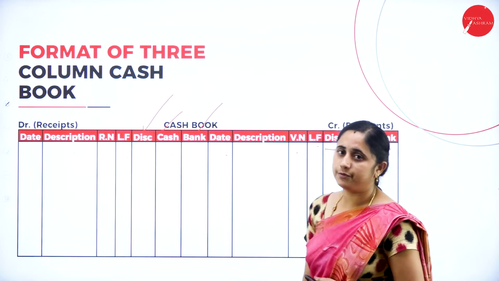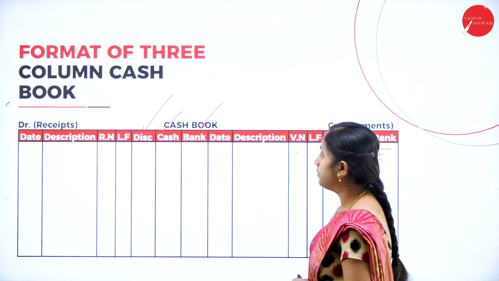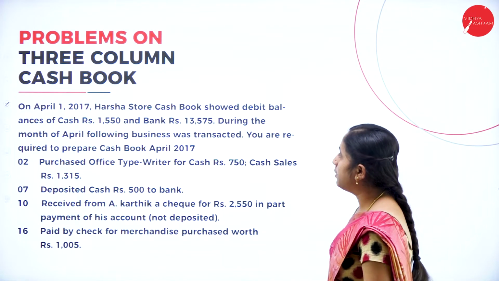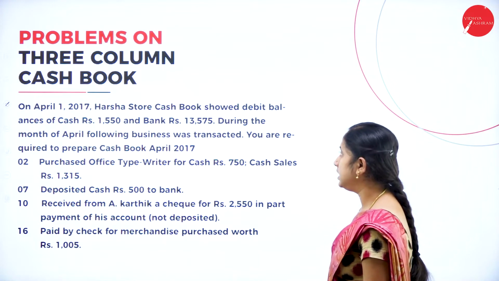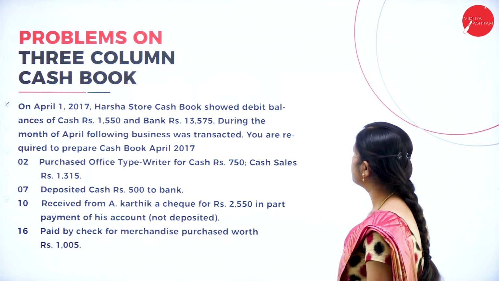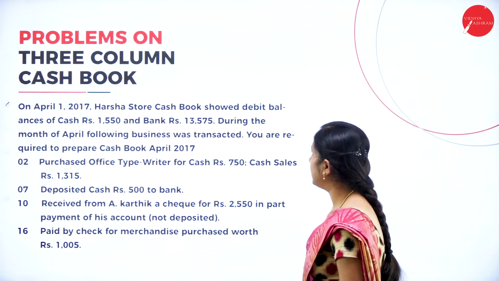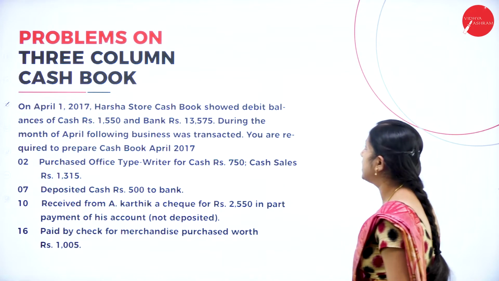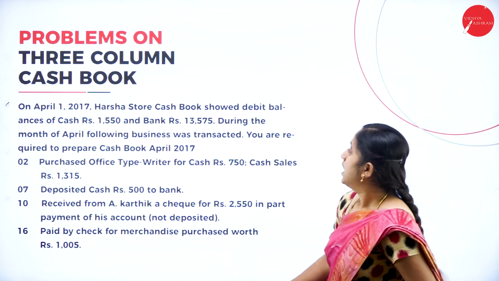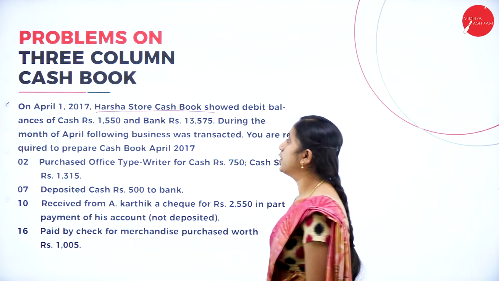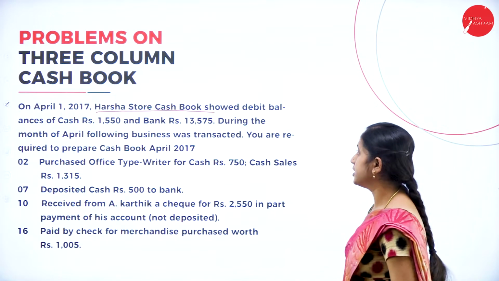Let us start with the first problem on the triple column cash book, the three column cash book. First, on April 1st, 2017, Harsha Store's cash book showed a debit balance of cash rupees 1,550 and bank rupees 13,575. That means you are going to prepare a cash book of Harsha Store.